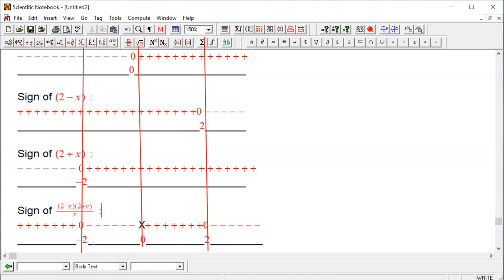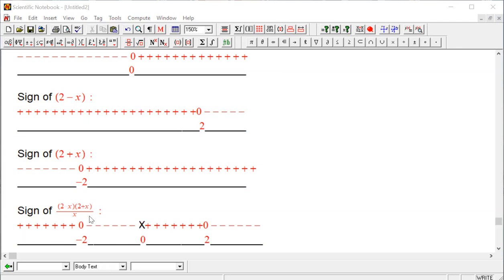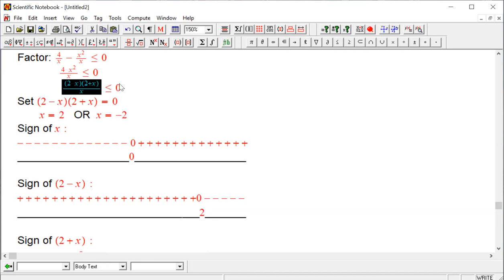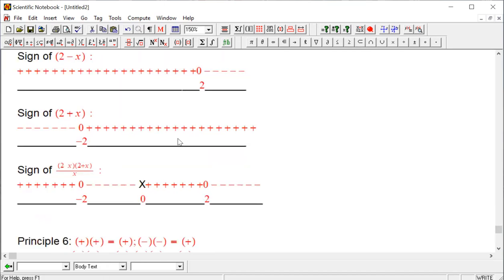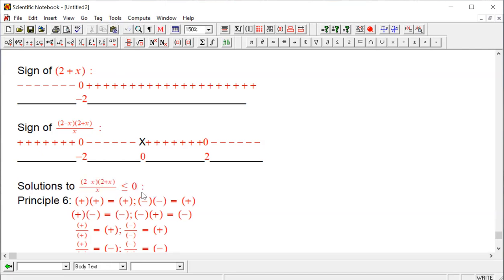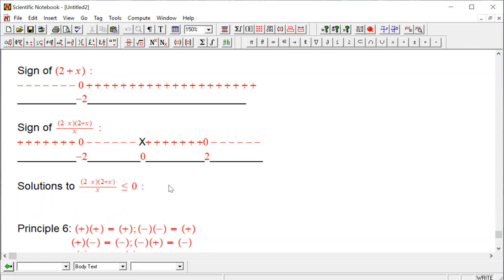So once we get the picture of the sign for the quotient, what do we want the quotient to be? We want the quotient to be less than or equal to 0. So the solutions to this inequality is one to make it less than or equal to 0, right?